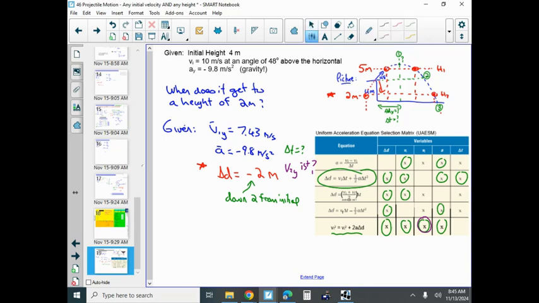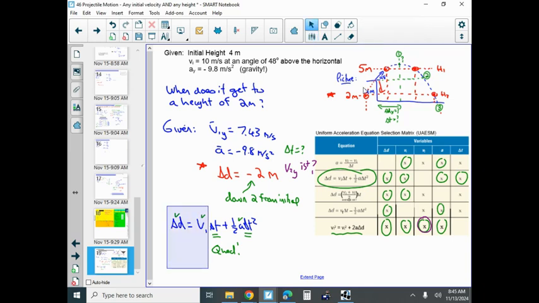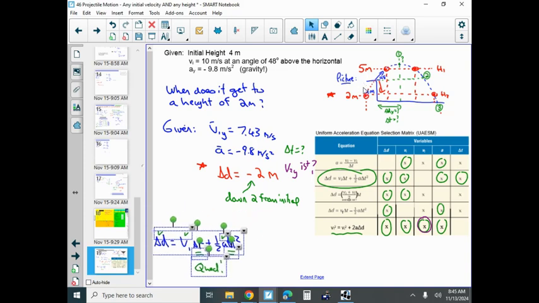You can do delta d equals v1 delta t plus 1/2 acceleration delta t squared, in which case you've got displacement and v1 and acceleration, and so you have a full-on quadratic, right? Full form, or you don't want to use the quadratic formula.